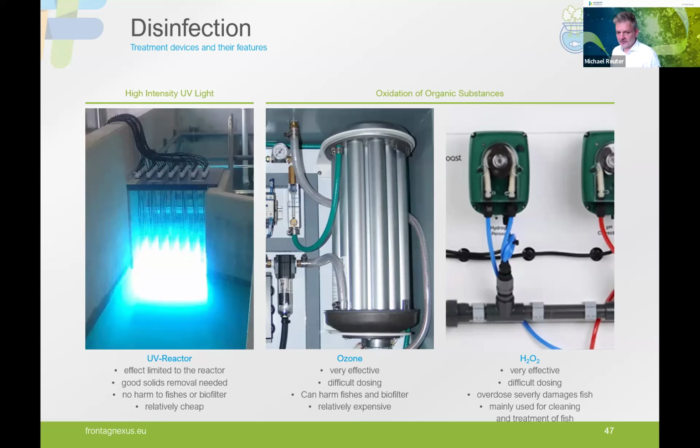It is relatively cheap, and the effect is limited to the reactor. That has its advantages, but also its disadvantages. The largest advantage is that it doesn't affect the fish, and also not the bacteria in our biological filters or whatever.